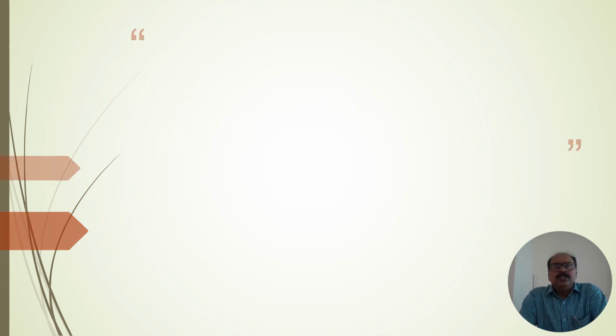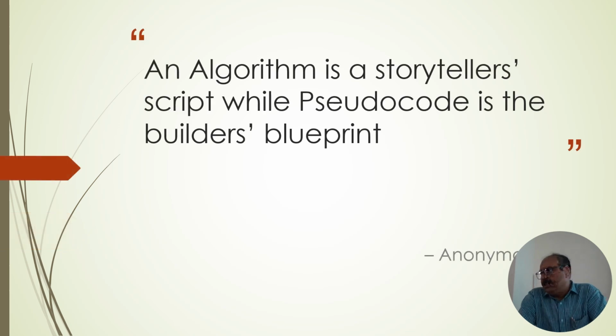So let me state a very famous quote that gives you the difference between what is an algorithm and what is a pseudocode. An algorithm is a storyteller's script, while pseudocode is a builder's blueprint.